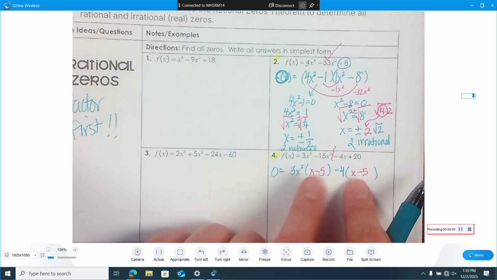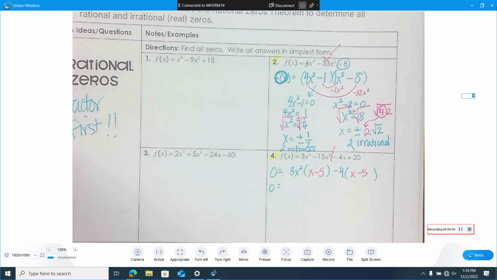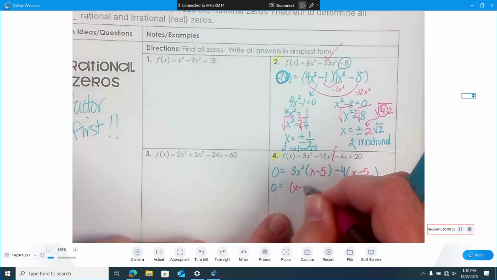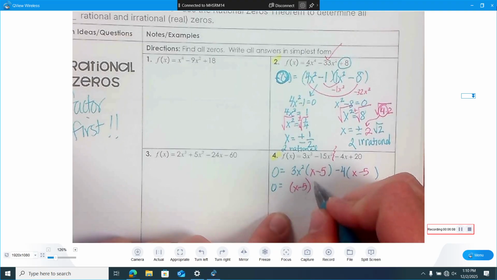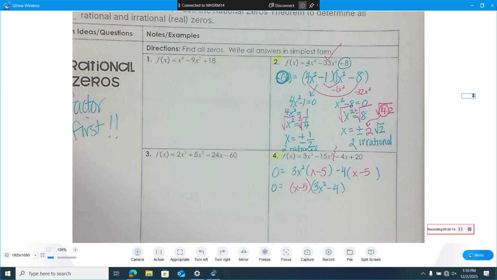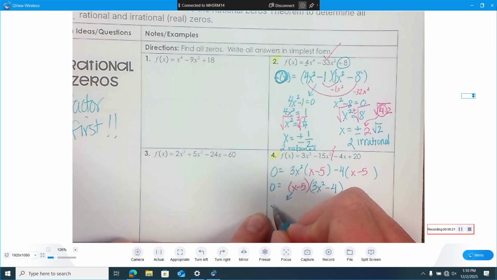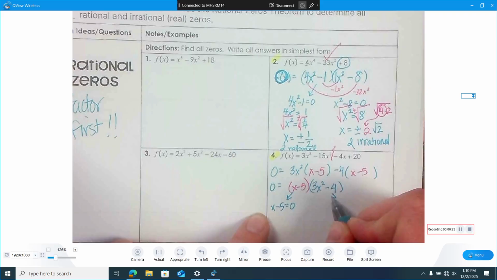Now, once again, we have here 2 terms. What do they have in common? So we take that x minus 5 out in front, and what's left behind? 3x squared minus 4. And then from here, we can set each bubble equal to 0. So we get x minus 5 equals 0, and 3x squared minus 4 equals 0.